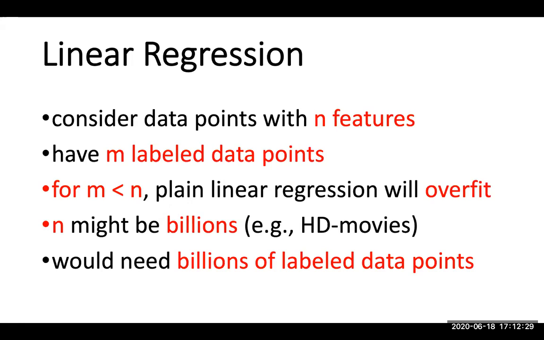You will almost for sure overfit unless you use some regularization techniques or more advanced techniques. But whenever you use the basic form of linear regression, and you use more features than you have labeled data points, you will overfit. And overfitting means that you only do well on the training data set, but the validation error, the error on new data points, will be large.